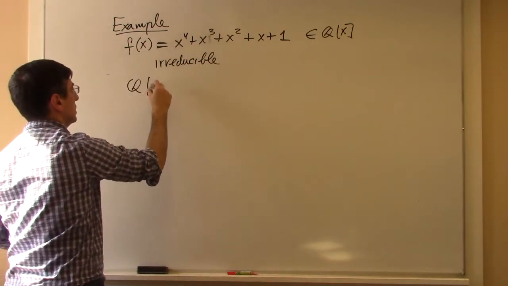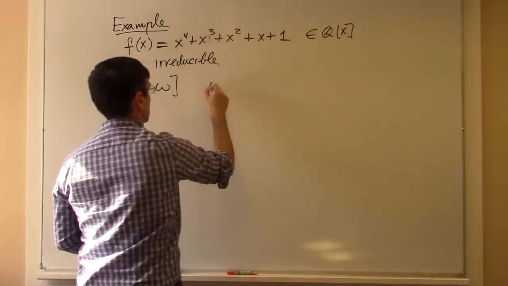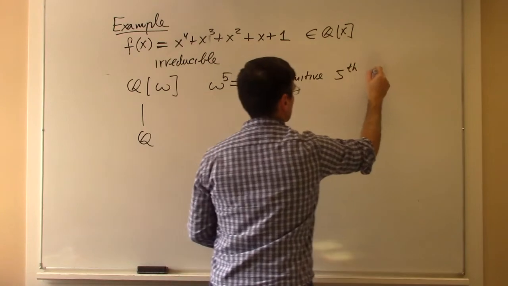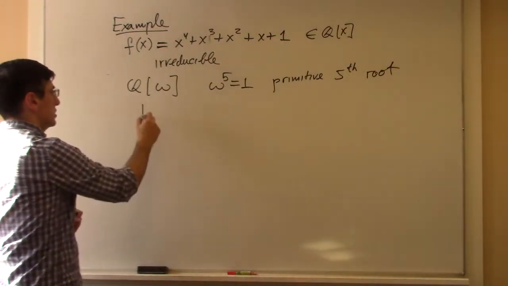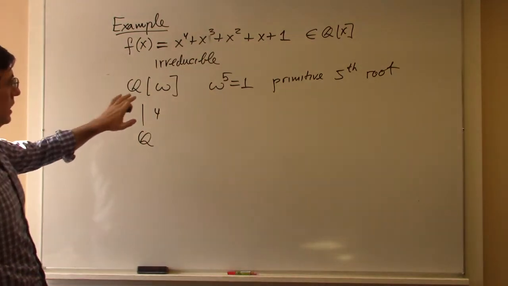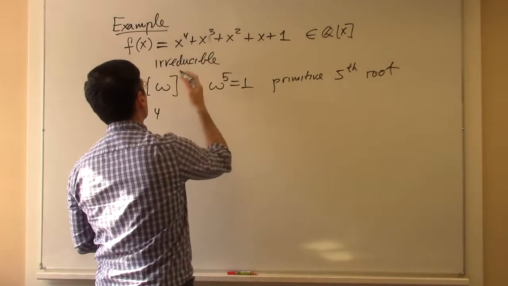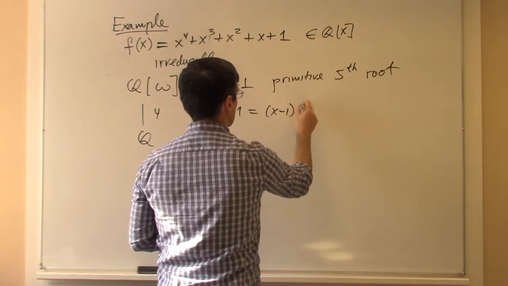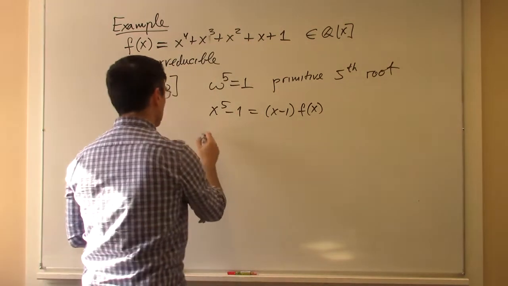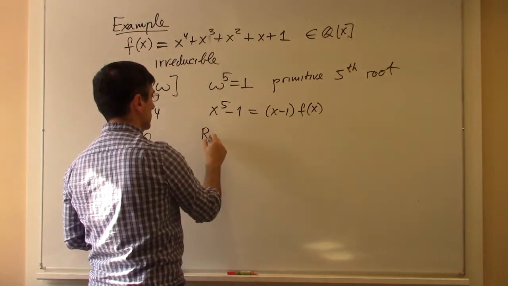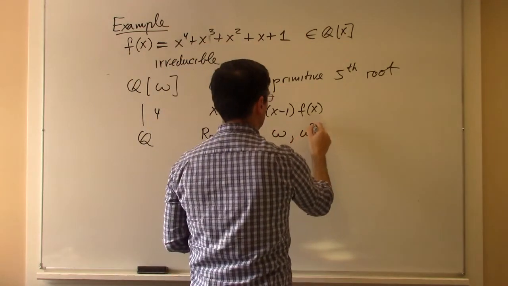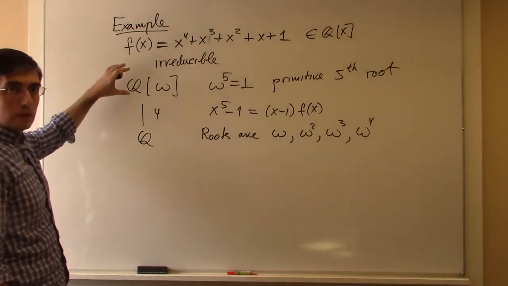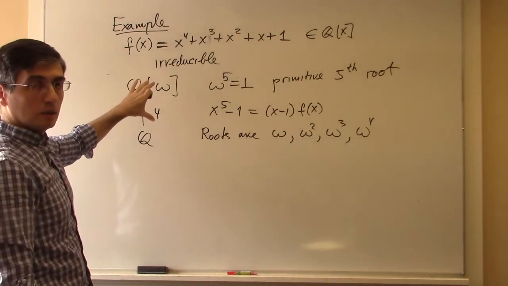And if we join one of the roots, omega, a primitive fifth root of 1, then you get an extension of degree 4. Every other root is a power of omega, so the roots are omega, omega squared, omega cubed, omega 4, which means that when you join one of the roots, you already joined all of them. So this is in fact a Galois extension.